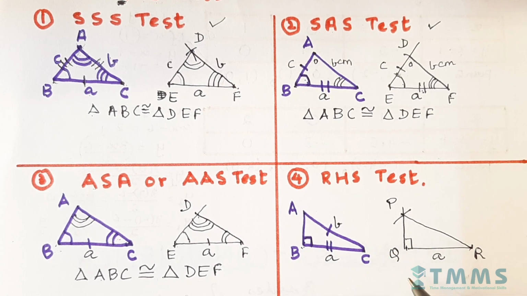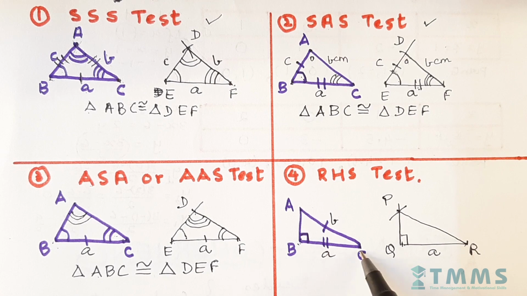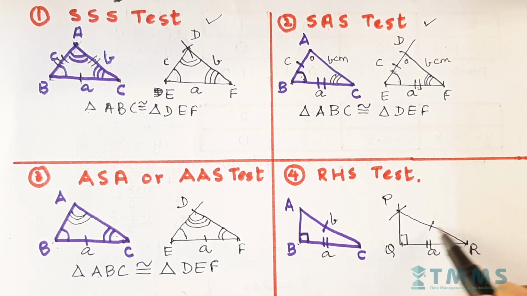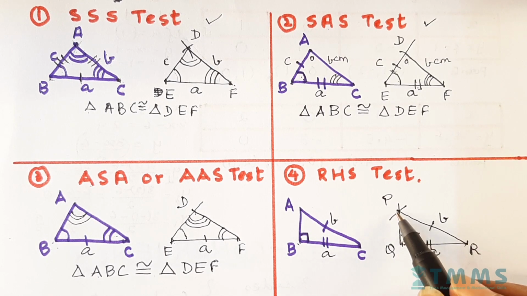Now let us see the correspondence. Your BC is equal to QR because we took it that way. Angle B is equal to angle Q, 90, because we have done exactly the same thing here. And AC is B units, so PR also is B units. Now if you check PQ and AB, their measures also will be equal.